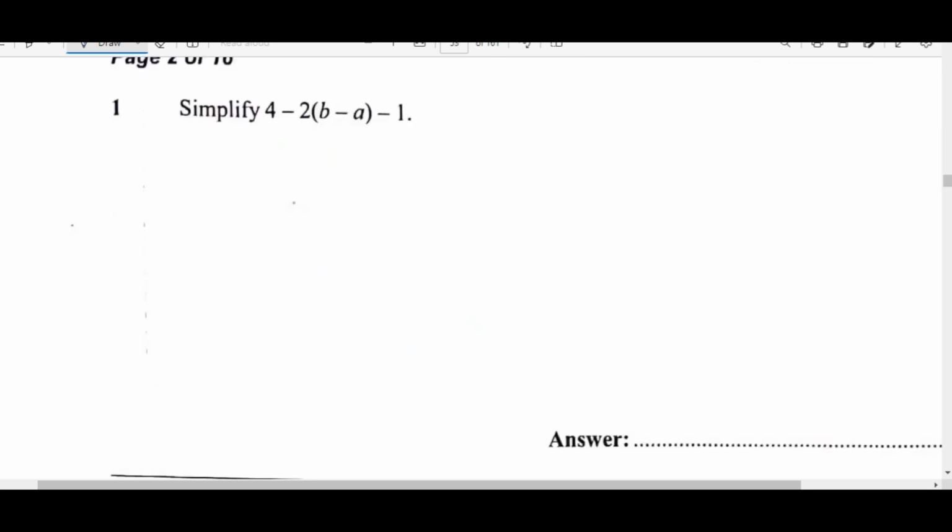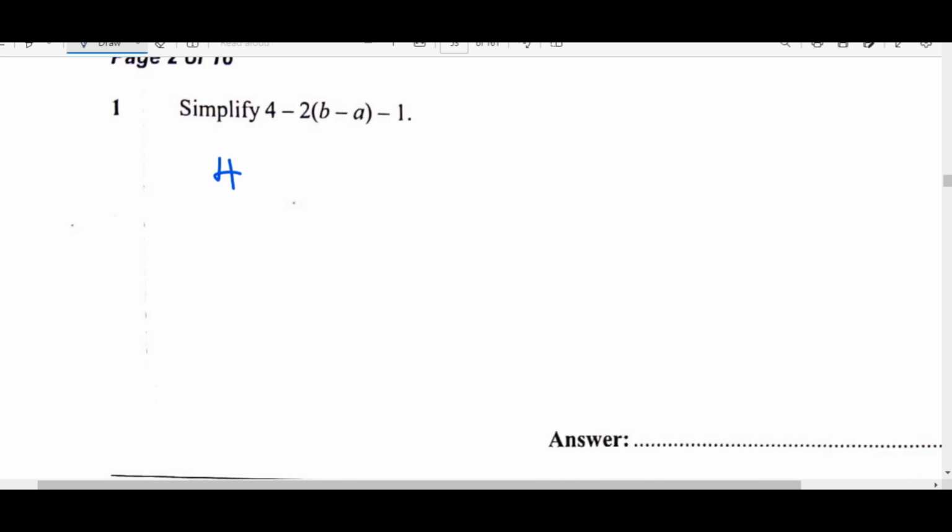The other one is simplify. So simplify 4 minus 2 open bracket b minus a close minus 1. So what are you supposed to do? This is very simple. So you write 4, and then this negative 2 should multiply with everything in the brackets.